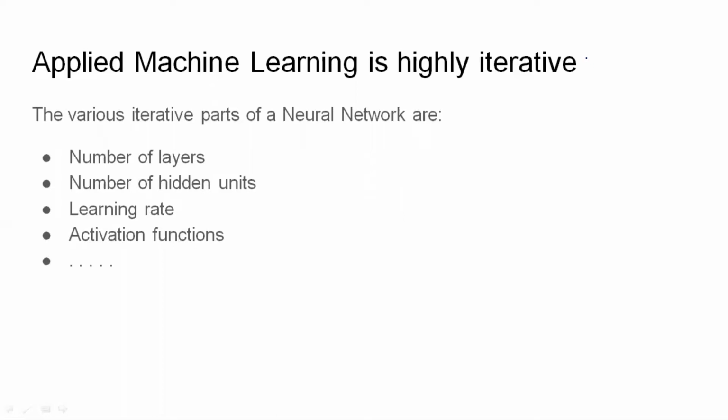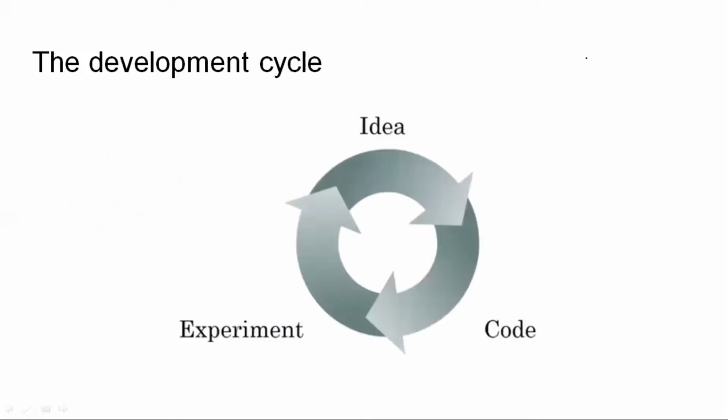So these are 3 to 4 types of hyperparameters listed here. There are several other parameters that you can tune effectively in order to optimize the performance of the neural network. Now let us move to the next slide.